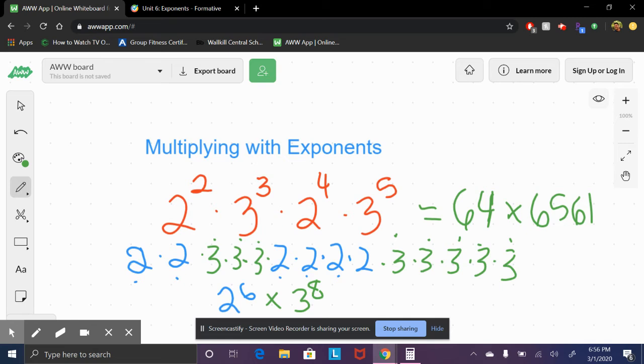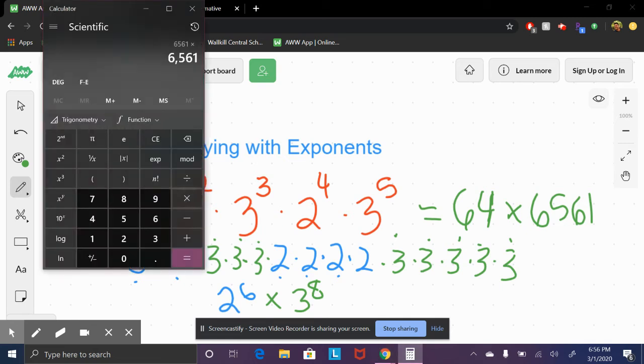We multiply those out. You get 419,904. All right. But a lot of these problems are going to ask you to simplify with the exponents.